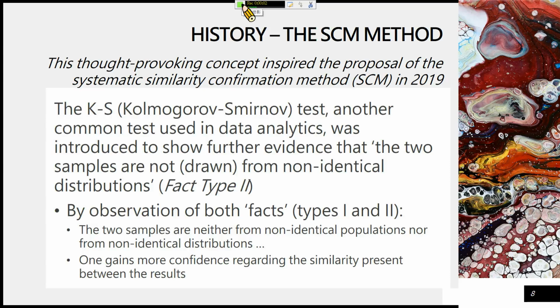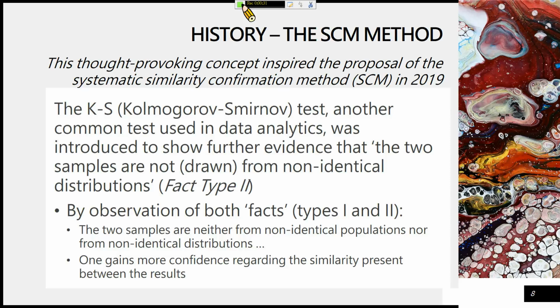Based on the former work, the more systematic SCM was formally proposed in 2019. It uses not only the Wilcoxon signed-rank test to see if the two ROVs are from non-identical populations, but also the KS test to see if the two ROVs are drawn from non-identical distributions.